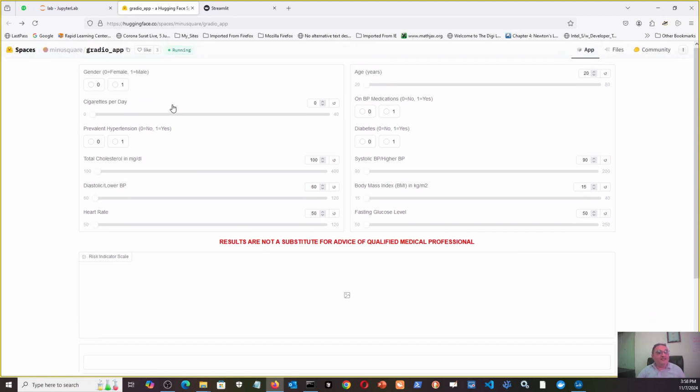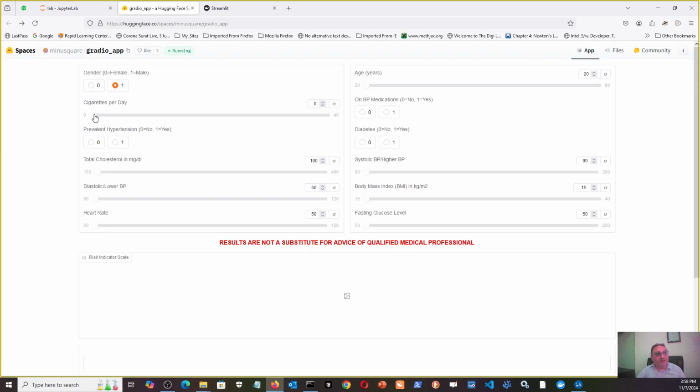So a user has to just select values, whether he is male or female, then male, how many cigarettes does he smoke, then whether hypertension history is there or not, then total cholesterol. I am deliberately taking high values so that the person will have high risk. Then lower BP. Lower BP is normally 80 to 120, but I am taking 73 maybe.